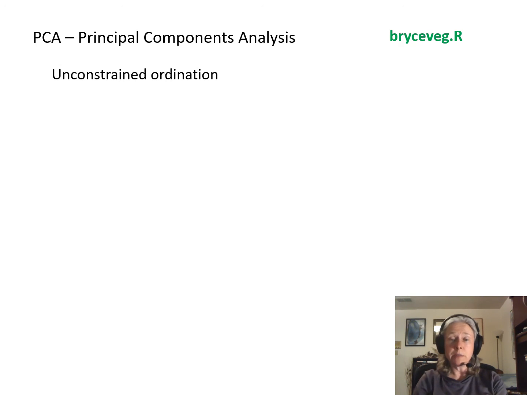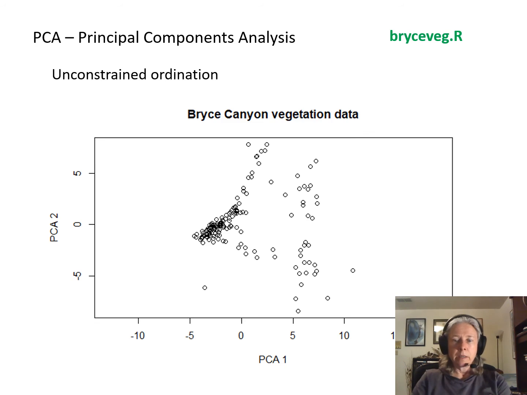So first up is PCA, or Principal Components Analysis, which is an unconstrained form of ordination. And I did this on the bryceveg.R file, the vegetation site by species matrix for the plants from Bryce Canyon National Park. And here is one of the plots.